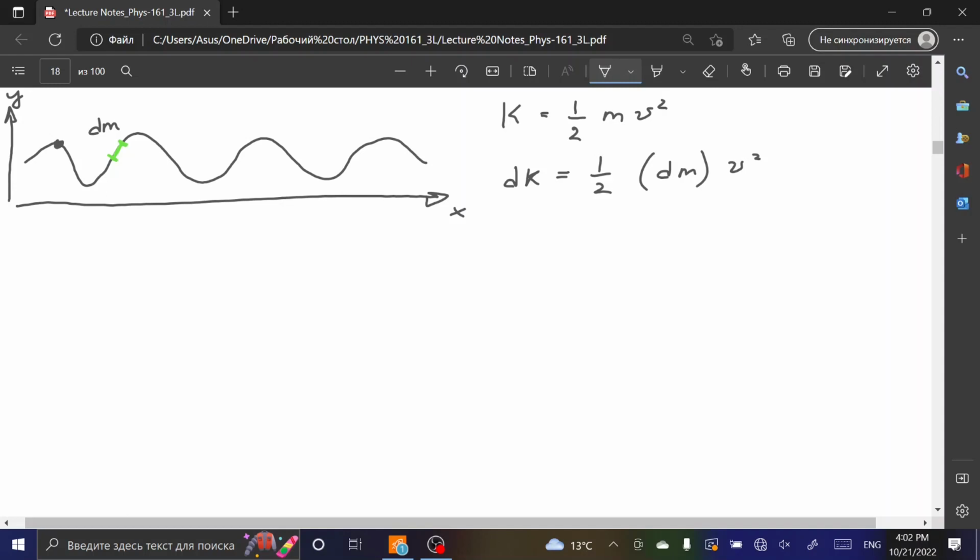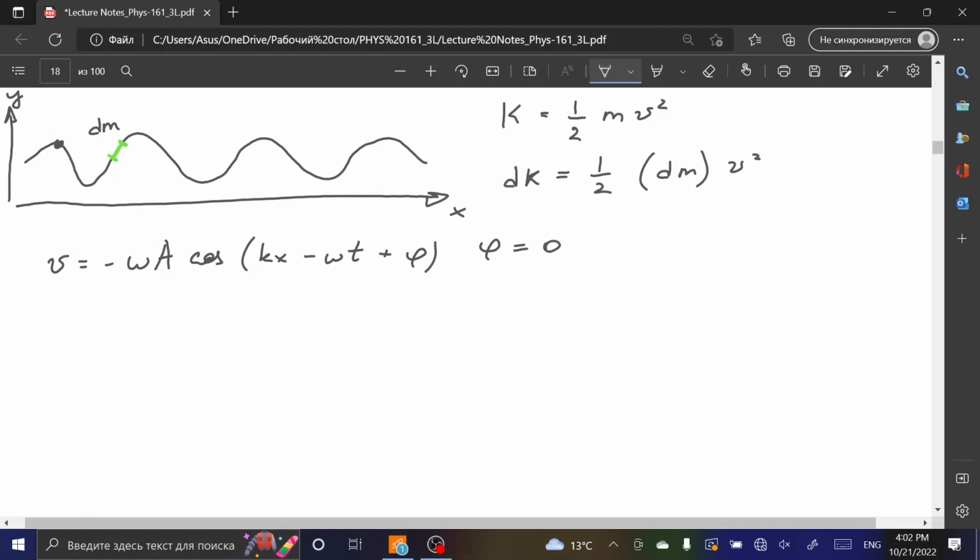We derived previously the expression for velocity as a function of time for a given wave function: v equals minus omega A cosine(kx minus omega t plus phi). For simplicity, we consider phi equal to 0.